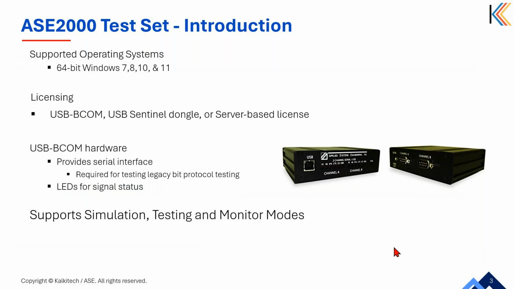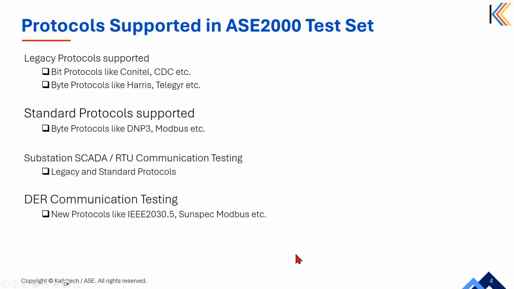The ASE 2000 test set will support both standard protocols used today, such as DNP3, Modbus, conventional protocols that you see in utility environments, and it also supports legacy bit protocols, such as Vancom, Conitel, CDC, etc. The present release that we have is version 2.34, which we just came out with, and that is implementing what is called SunSpec Modbus protocol.